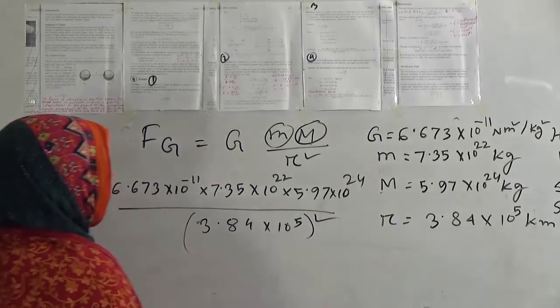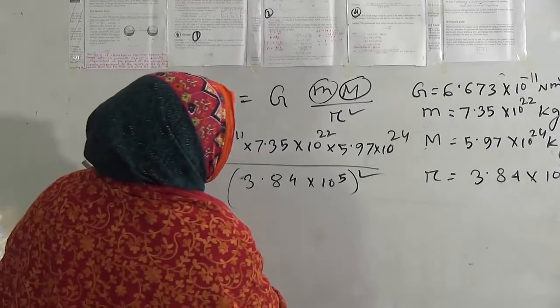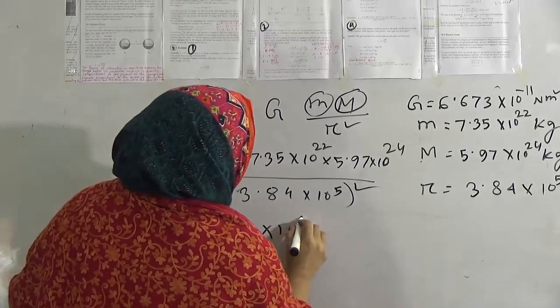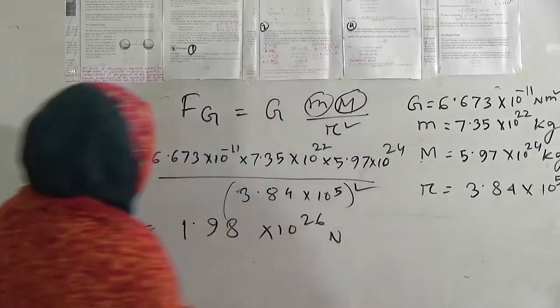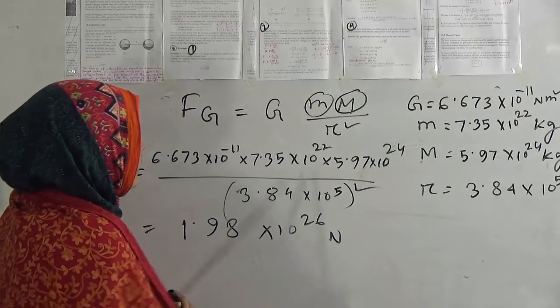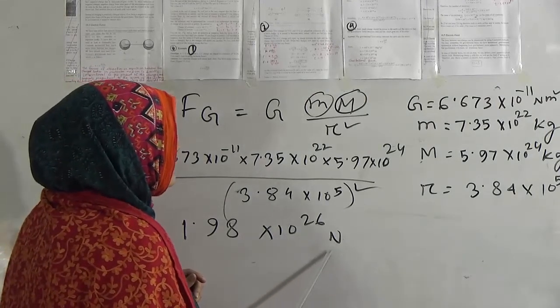By doing this calculation, the gravitational force between the moon and the earth will be 1.98 into 10 to the power 26 Newton.